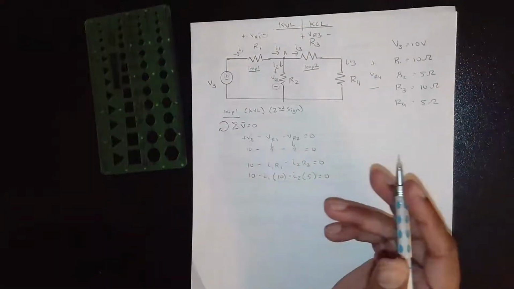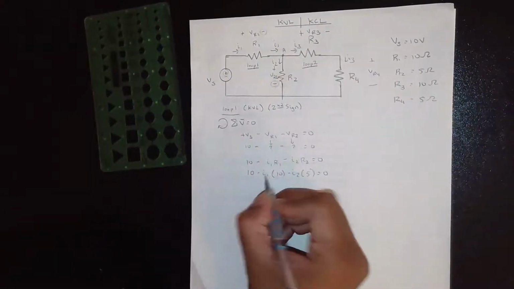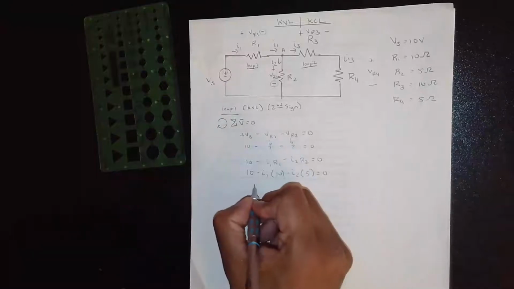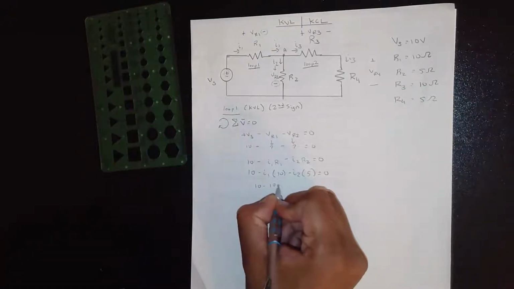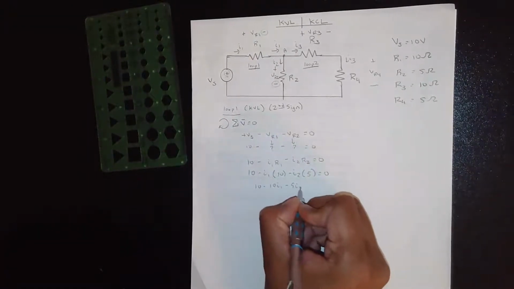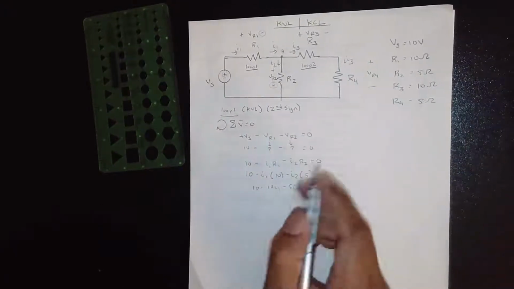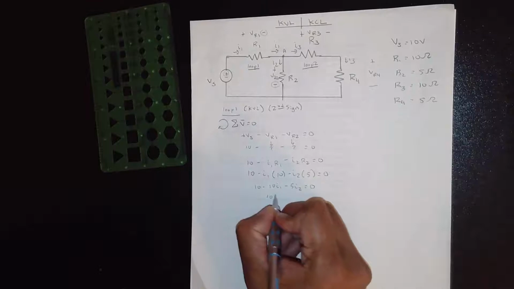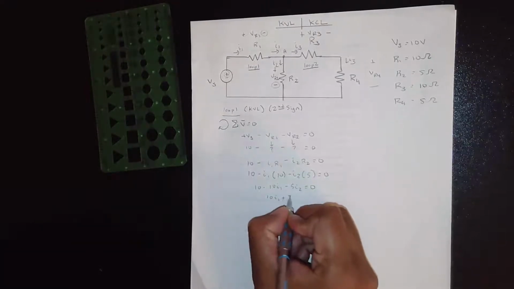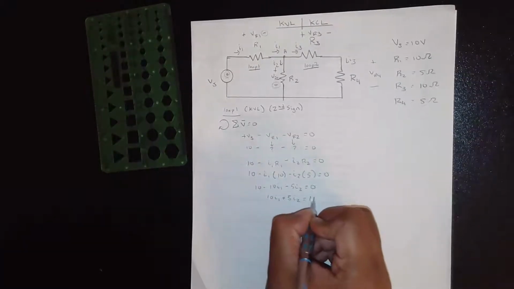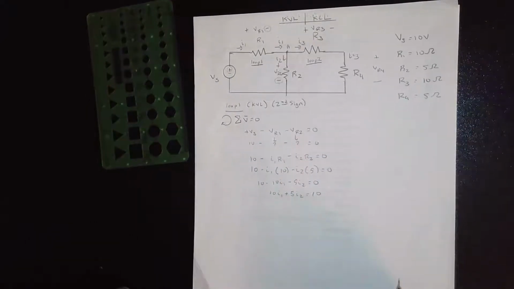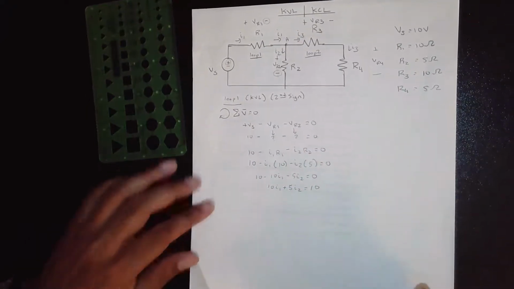Okay, so we have the equation, we had this previously, so I'll just write it down. 10 minus 10I1 minus 5I2 is equal to 0, and I'm going to do an algebraic shortcut. You should be able to handle this algebra, which is 10I1 plus 5I2 is equal to 10. Okay, so then what we want to do after this is we do loop 2.